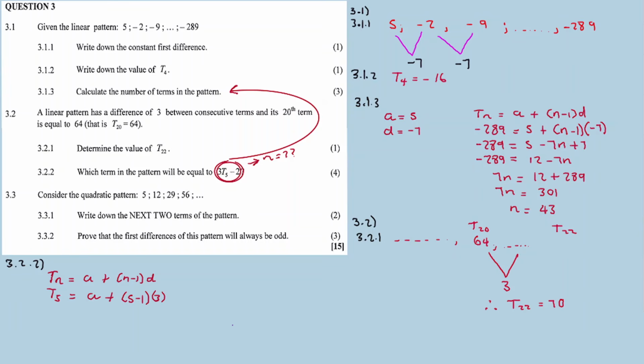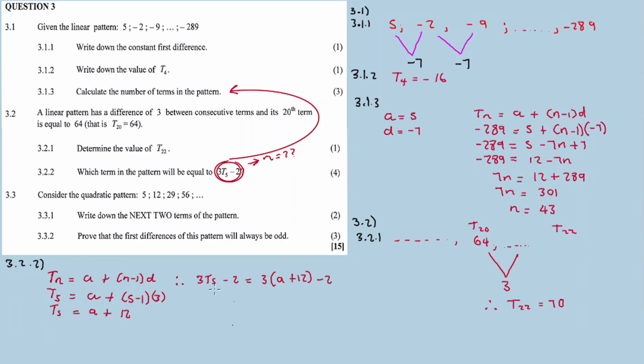T5 is equal to a plus 5 minus 1 times 3, which is the common difference. 5 minus 1 is 4, times 3, that's 12. So T5 is equal to a plus 12. Now T5 is expressed in terms of a.